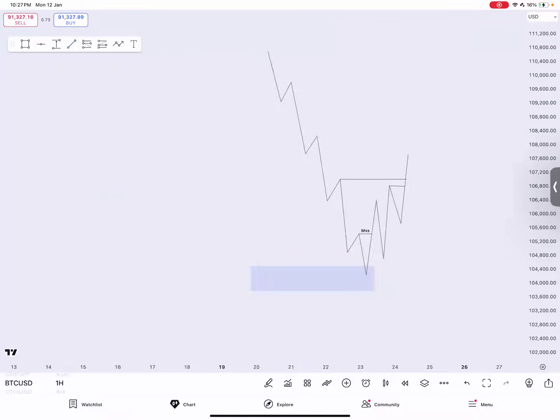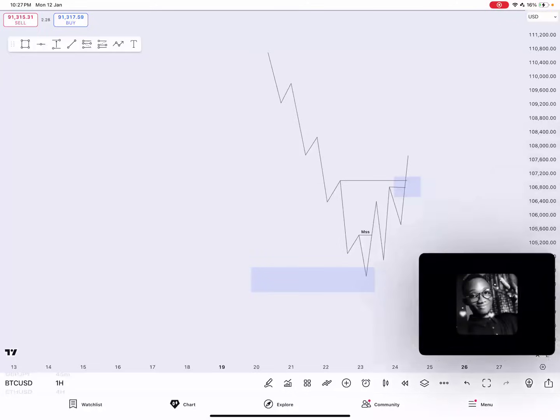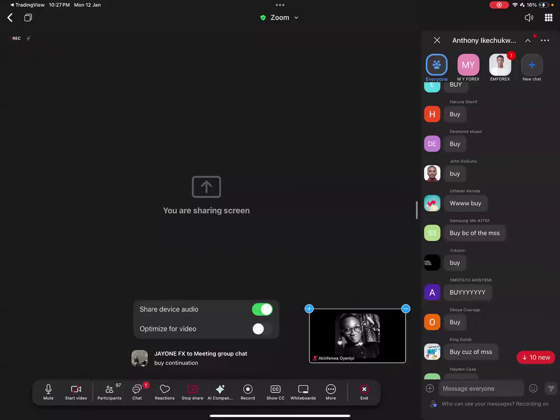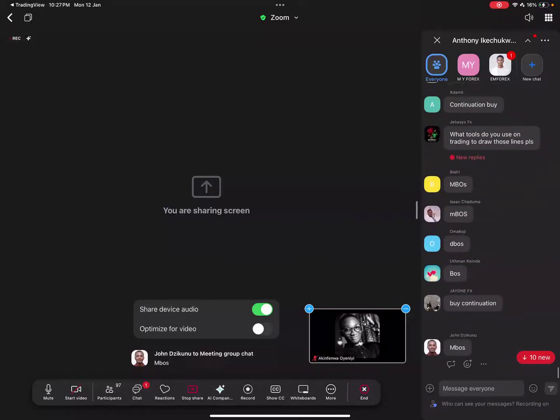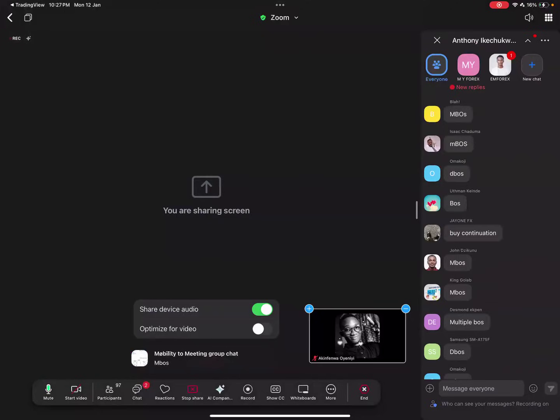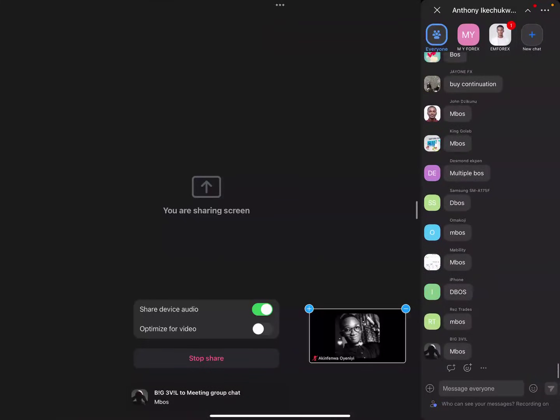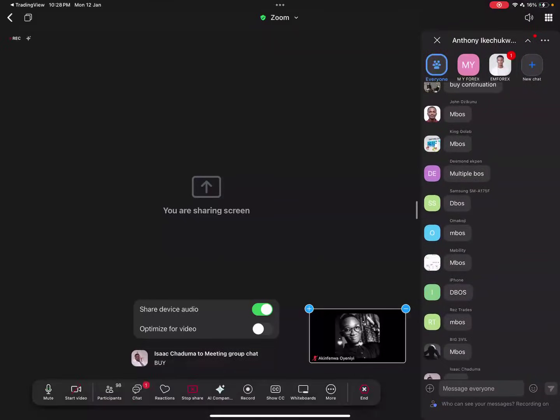Now, this particular one that happened here, what do you call it? Exactly, multiple break of structure. With that, what direction am I still going to be looking to trade? We've got a multiple break of structure. What direction am I still looking for? Exactly. So you see why structure is important.